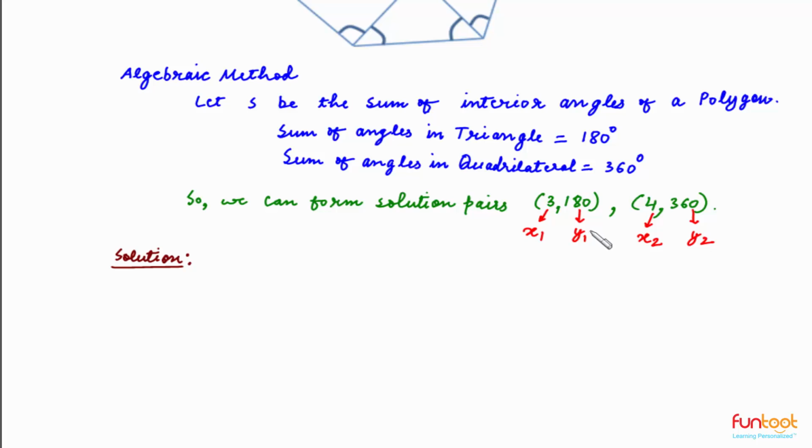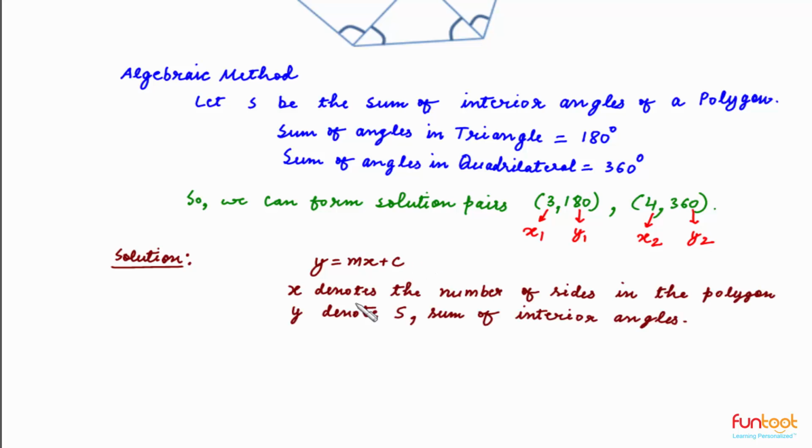With the help of these solution pairs, let's form an equation of the form y is equal to mx plus c, where x denotes the number of sides in the polygon and y denotes S, the sum of interior angles.